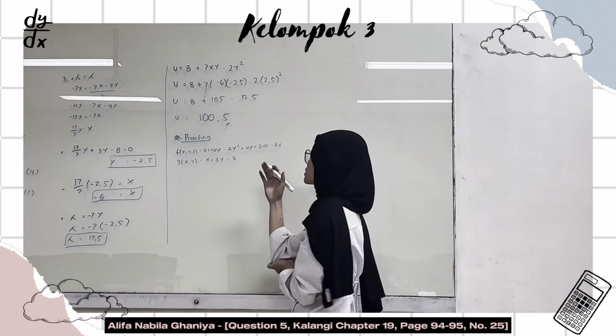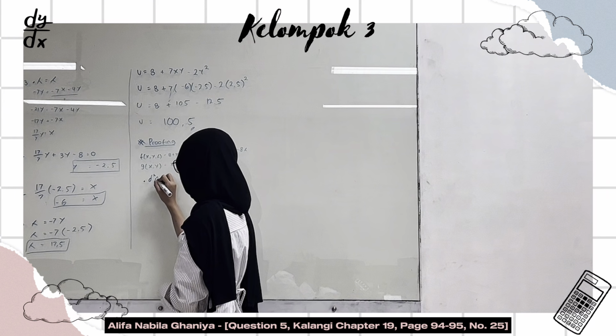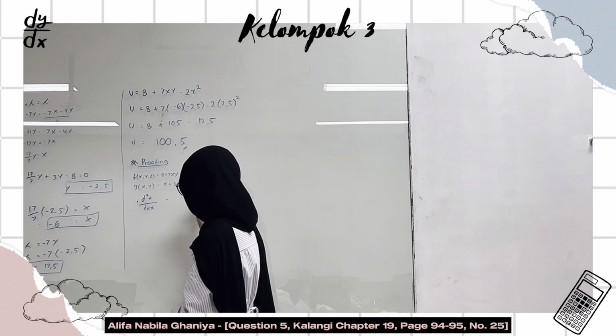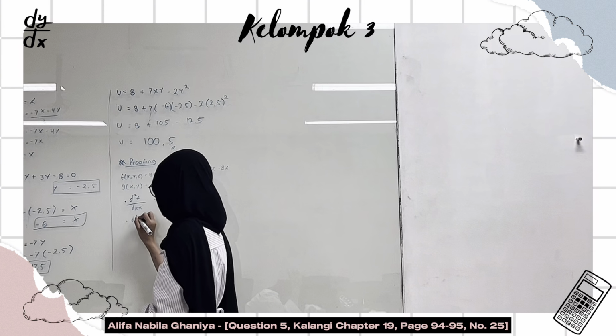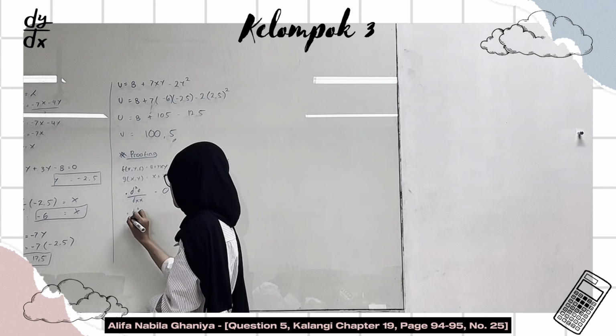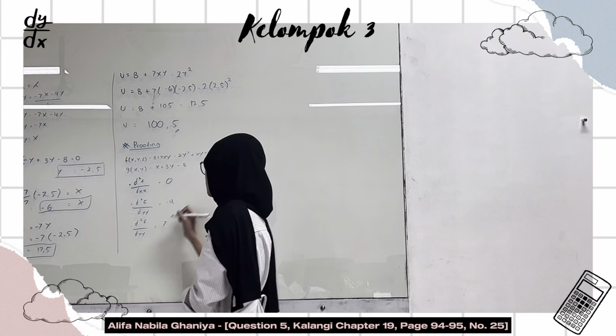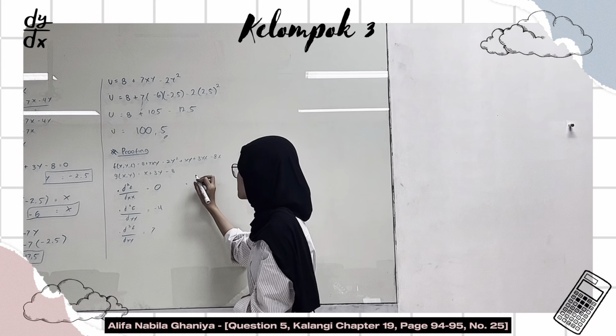We have to find the second derivative from the f(x, y, lambda) and the first derivative from g(x, y). First, dou x, x. This is 0. Dou f times 4, f xy the first derivative from x y.